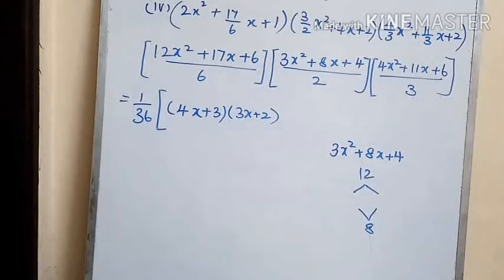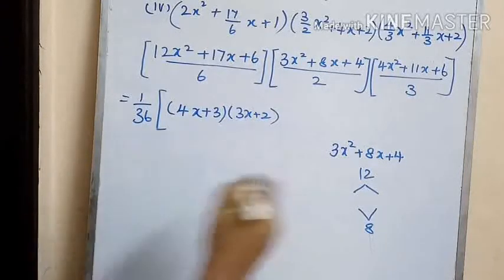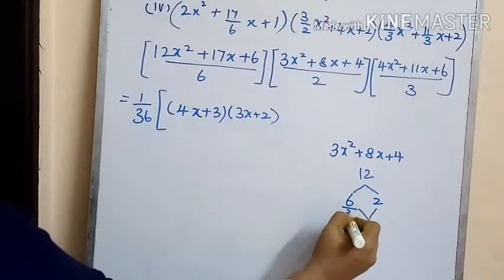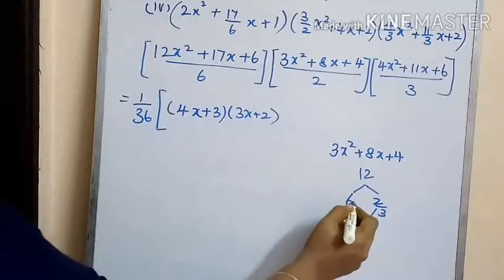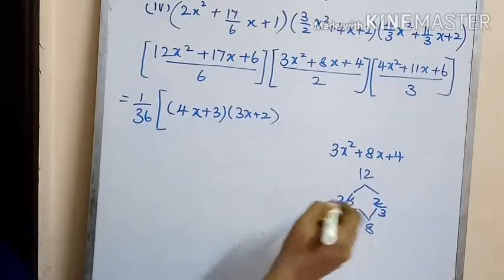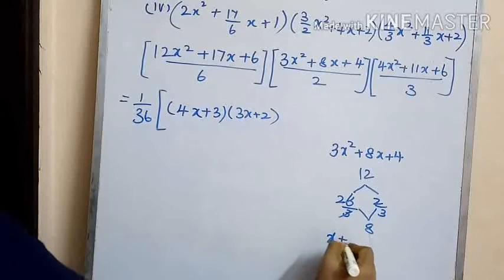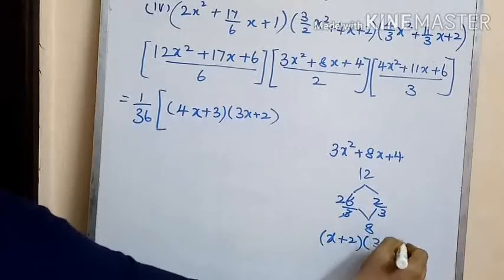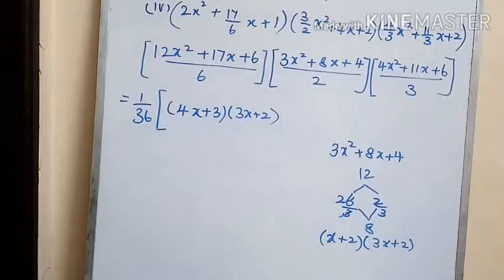So the factors will be 6 and 2. We have to divide it by 3. So we get the factors as x plus 2 into 3x plus 2.